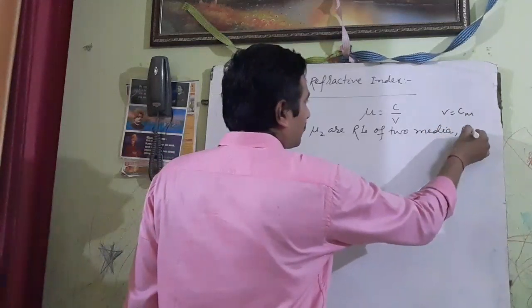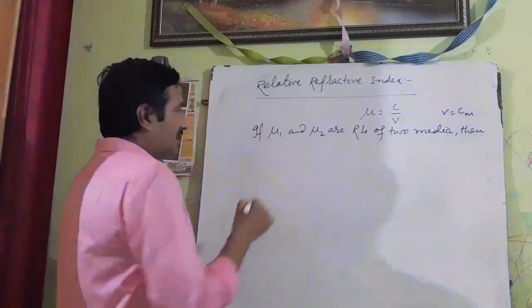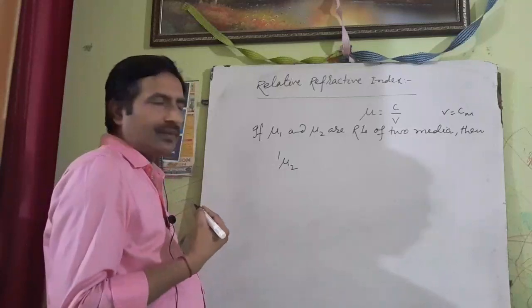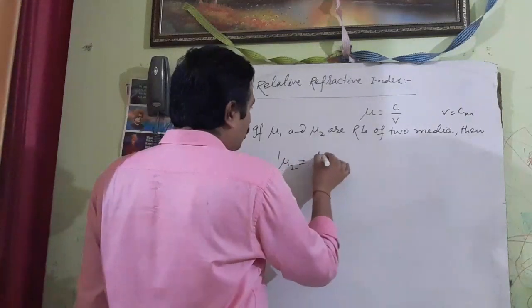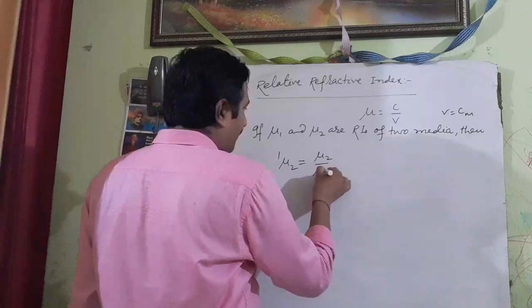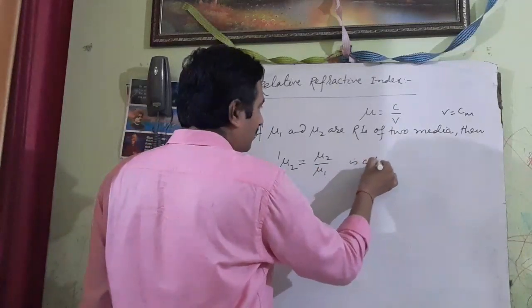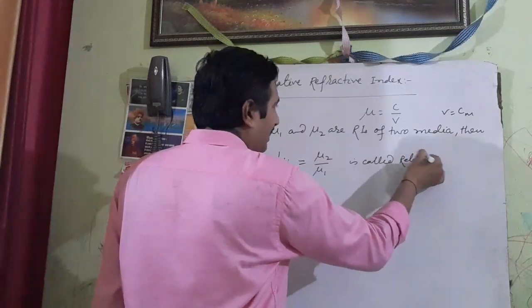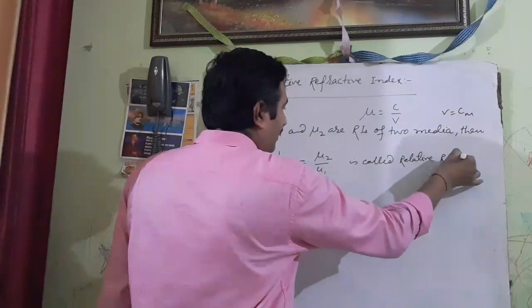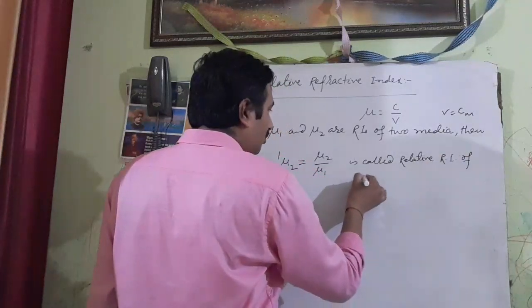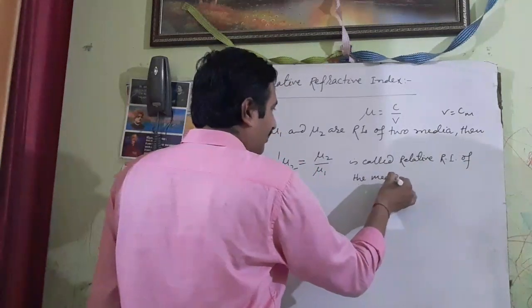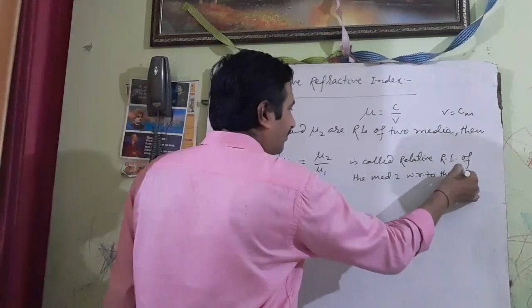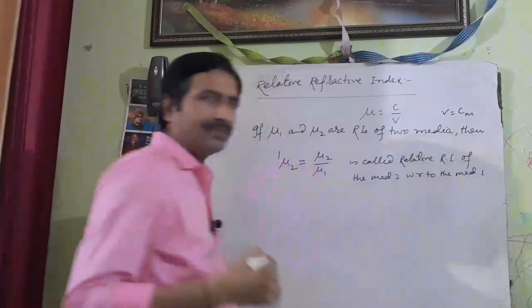Then 1mu2 is equal to mu2 by mu1, is called the relative refractive index of the medium 2 with respect to the medium 1.